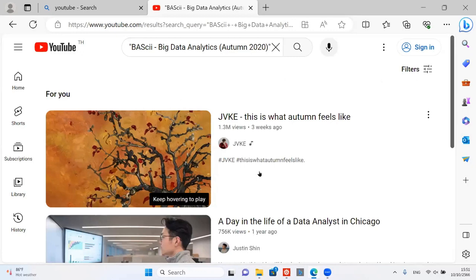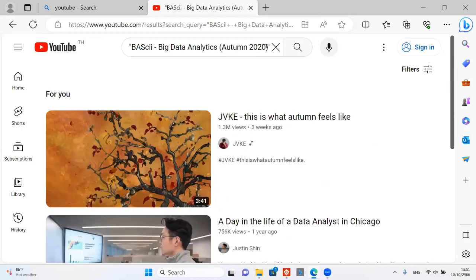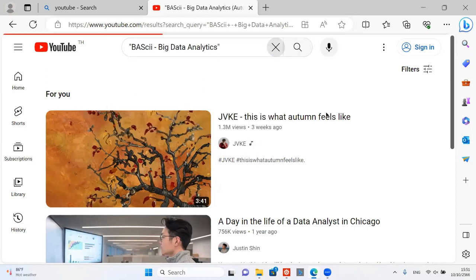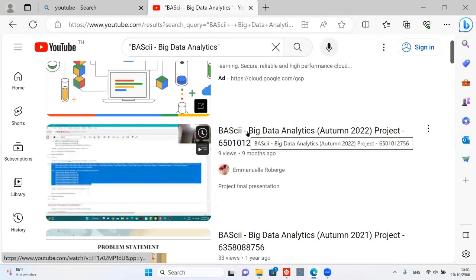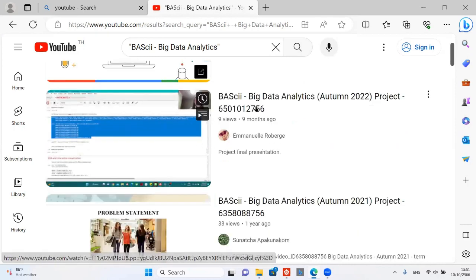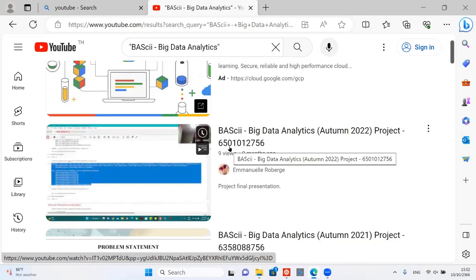Once you do your project, you're going to be Basai, Big Data Analytics, Autumn 2022. Okay, so you're going to have to do the same thing, except you'll be 2023. And because it's a group project, instead of having student ID, by the way, this is individual project.